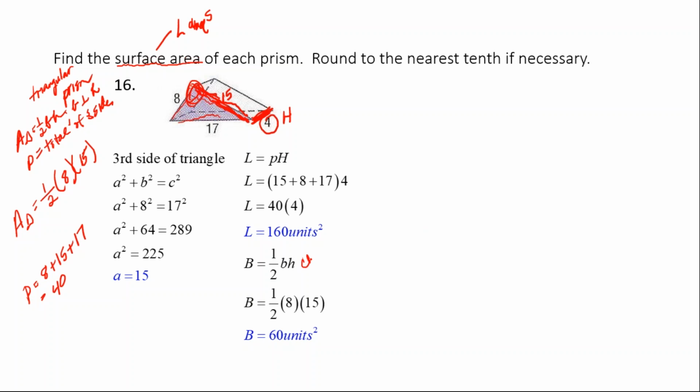This was chapter 11. There's my area of the base. But surface area, add those up. So those are the steps you still have to take in between steps. Even though I didn't ask for lateral area, you need it in order to get the surface area.